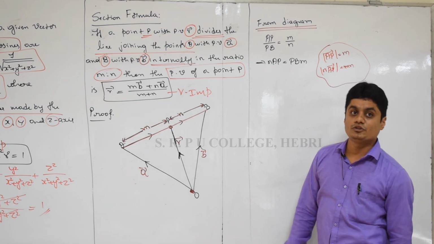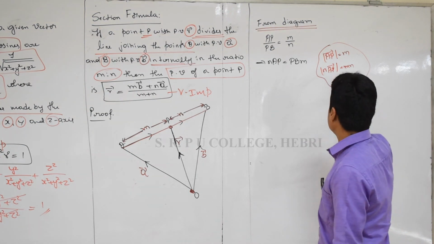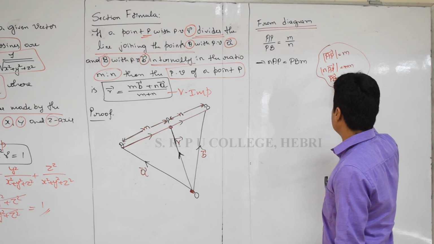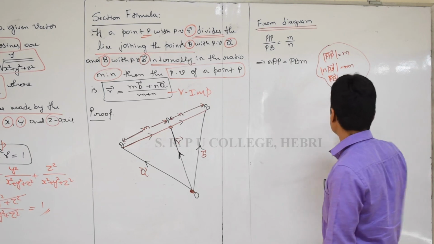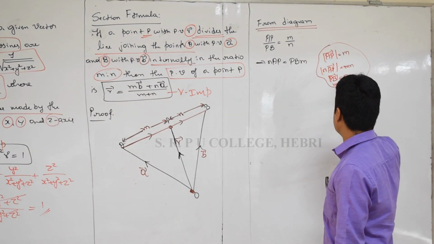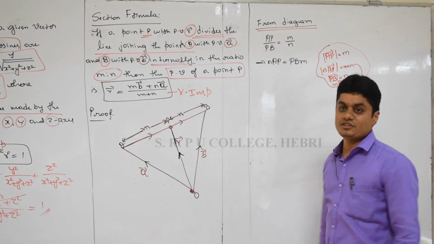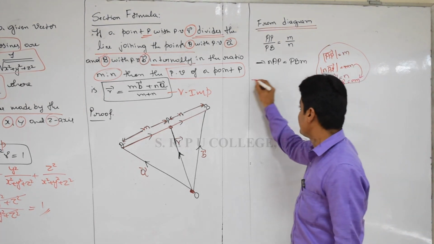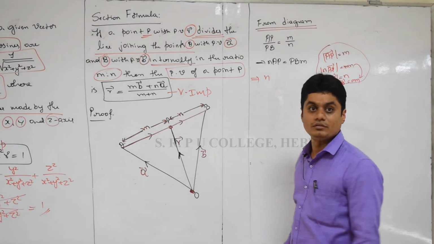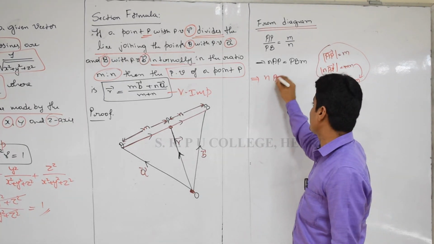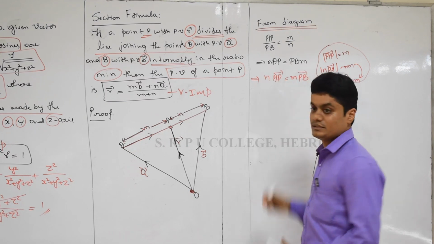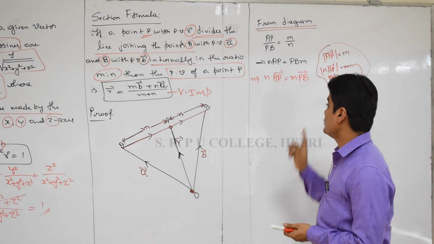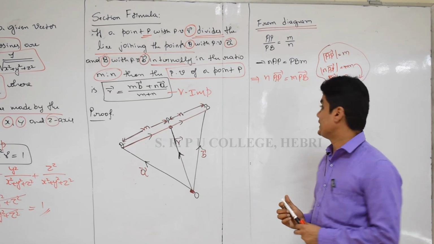The magnitude of vector n into AP is M into N. Similarly, the magnitude of vector PB is N, and M into vector PB has magnitude M into N. So the magnitude is the same and the direction is the same. Therefore, n into vector AP is equal to M into vector PB.